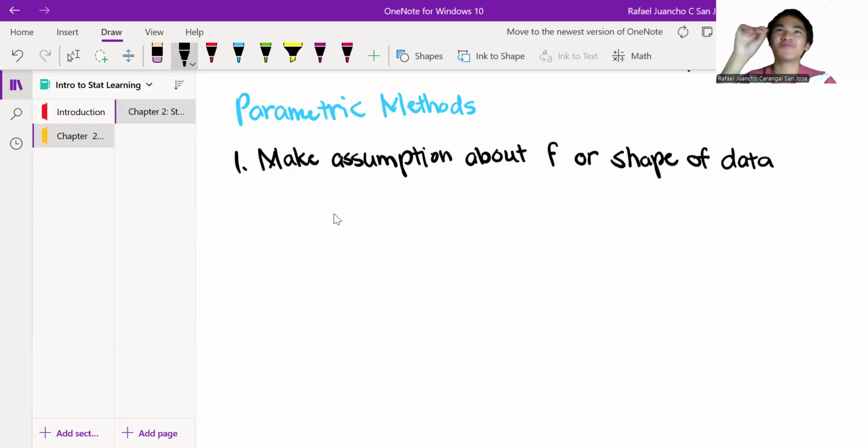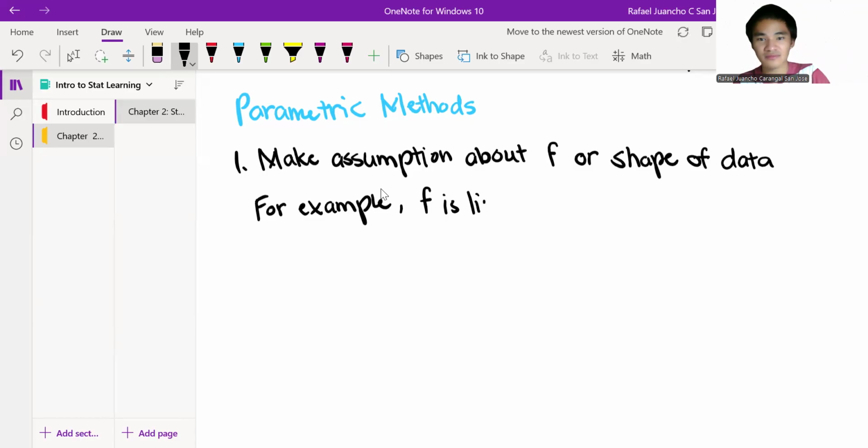I would make up some figures of the stars and try to make some sort of shape based on my imagination. So that's something that we can do when making some assumptions. This is a basic example, but is it a line? For example, f is linear about x.